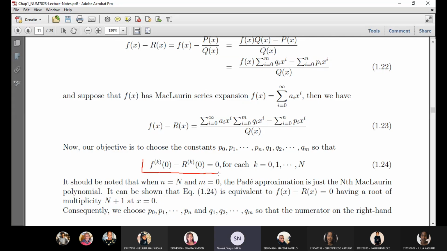And now, by imposing it, what is the consequence of this imposition? The consequence is what we call the multiplicity of the root of a given function.